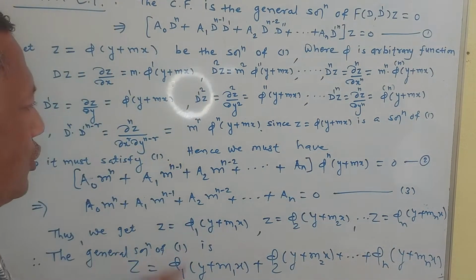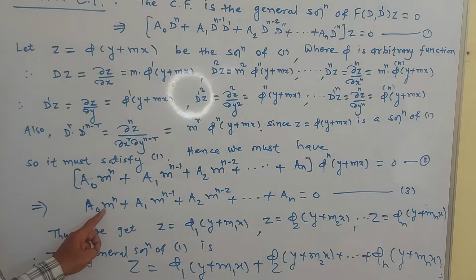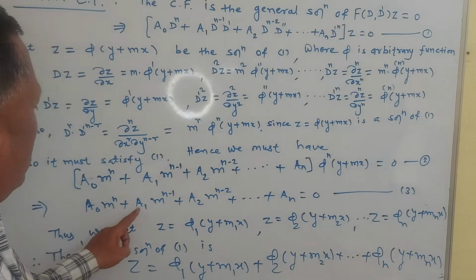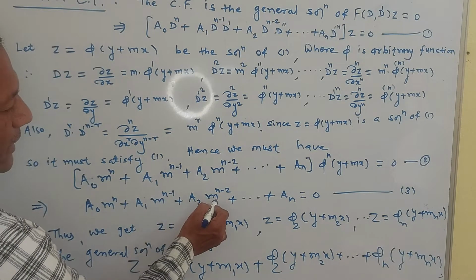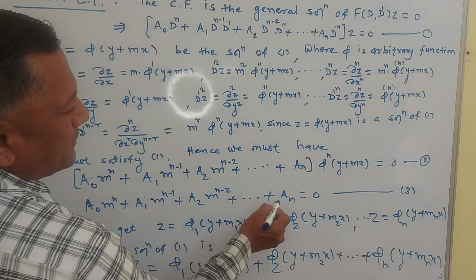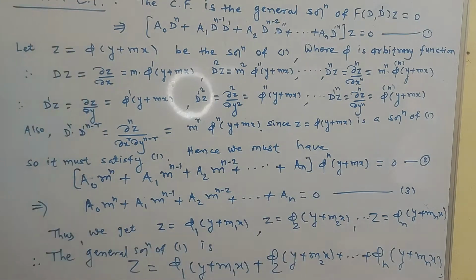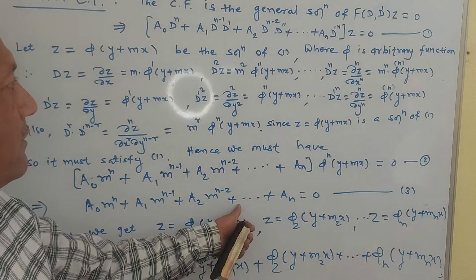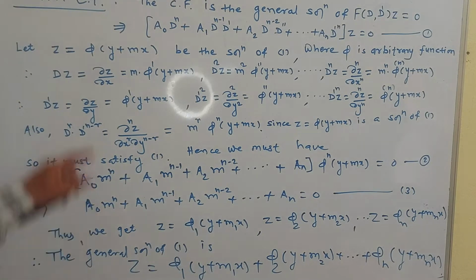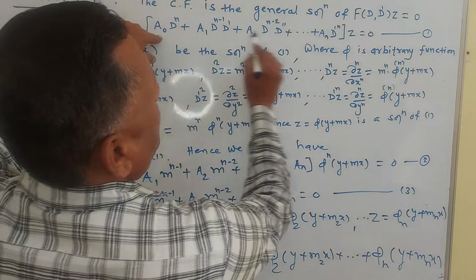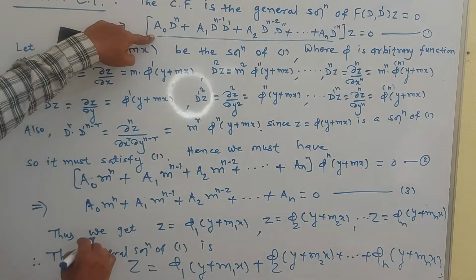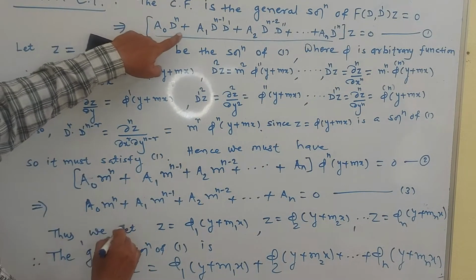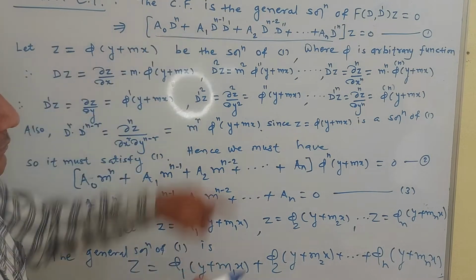Now here you observe that this polynomial a0 m raised to n plus a1 into m raised to n minus 1 plus a2 into m raised to n minus 2 plus an is equal to 0 is obtained from this by putting D is equal to m and D dash is equal to 1.